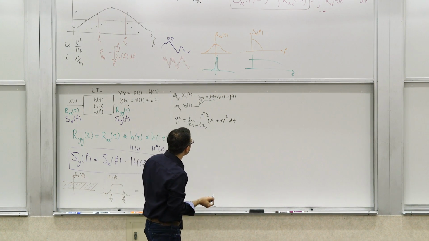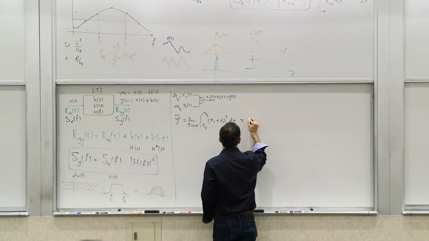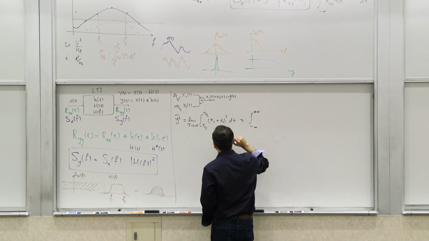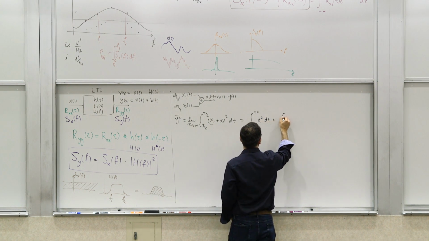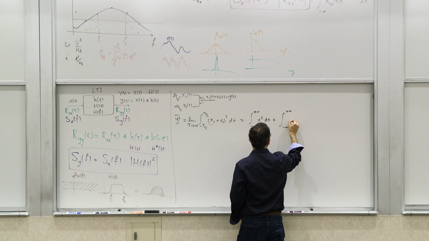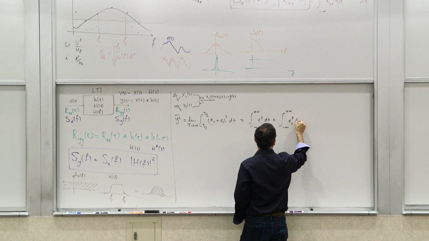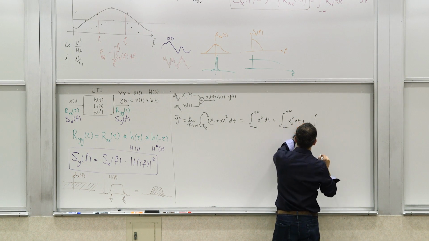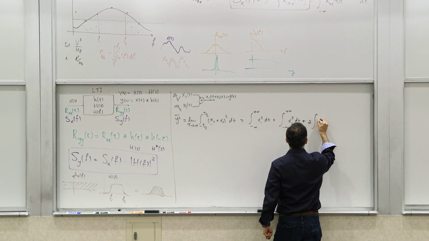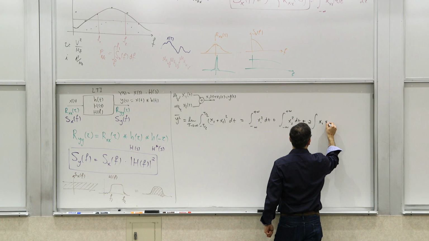Now you can clearly see that this gives you 3 parts. I'm going to show the integral just basically from negative infinity to positive infinity. You get the x1 squared part. You get the x2 squared part. And then you get 2 x1 x2, like the product part.